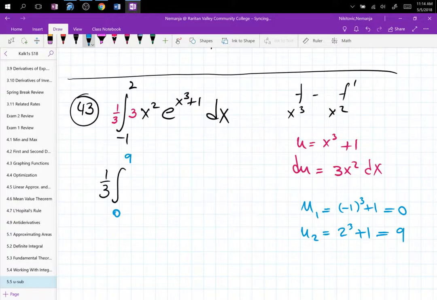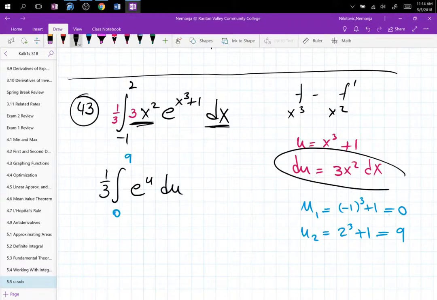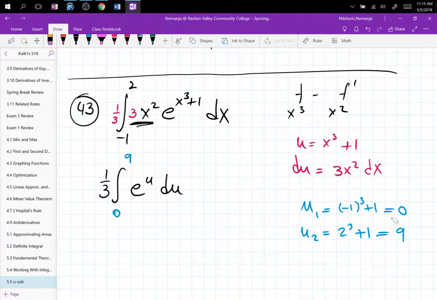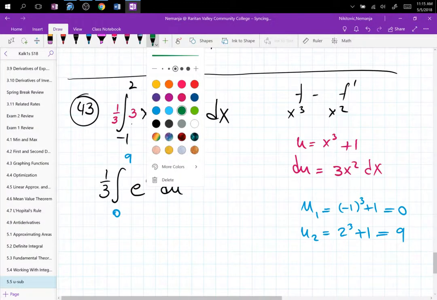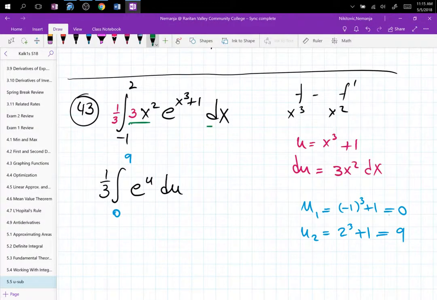So the limits transform from -1 to 2 to 0 to 9. e to the u du, because 3x squared dx is du. Let's color code that, so it should be clear.